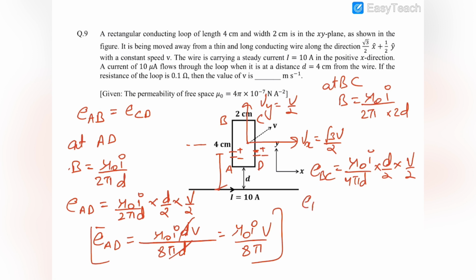So EMF in BC will be equal to mu naught I V by 16 pi.